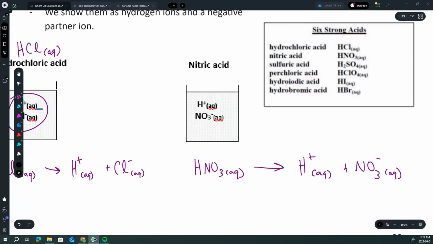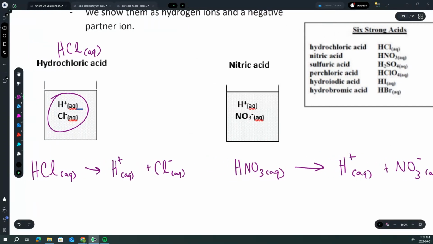Okay, and before we move on, I'm just going to write down what I've been saying here. So acids are always aqueous unless stated otherwise.